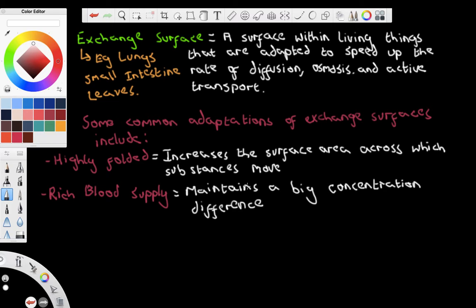And we can also say usually they are very thin or have thin membranes, which reduce diffusion distance.